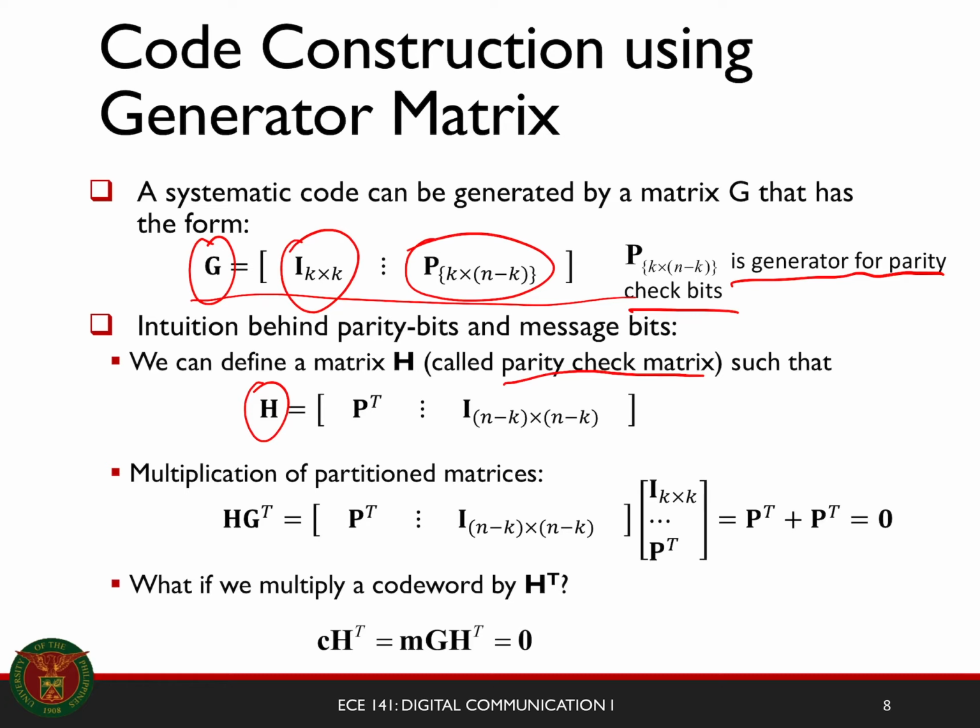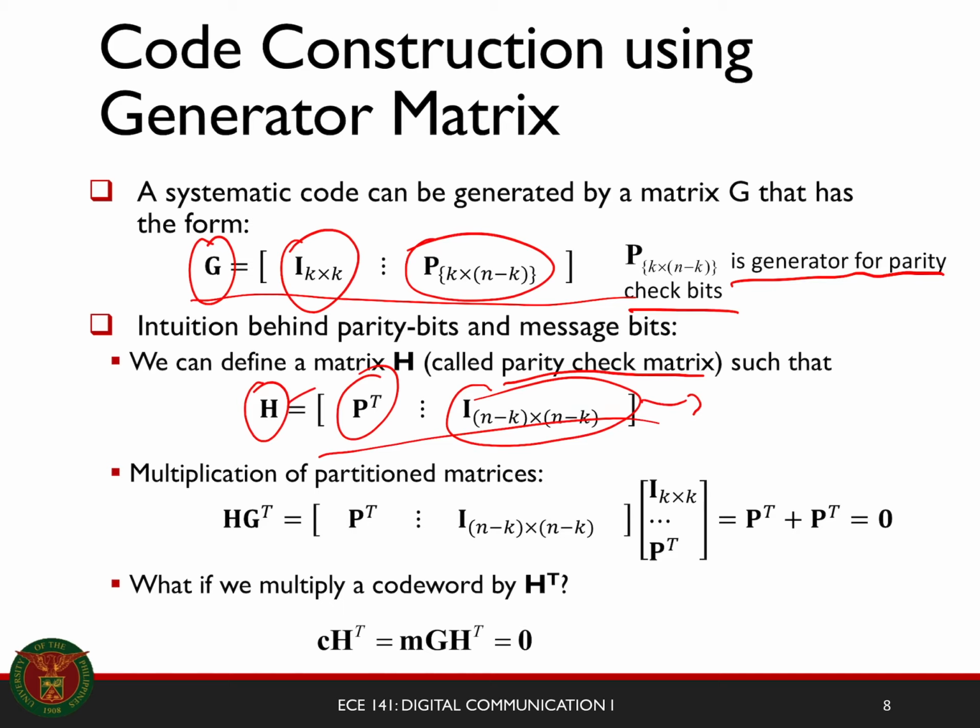It has a form like this: if you transpose P and attach the identity matrix, you get your parity check matrix.